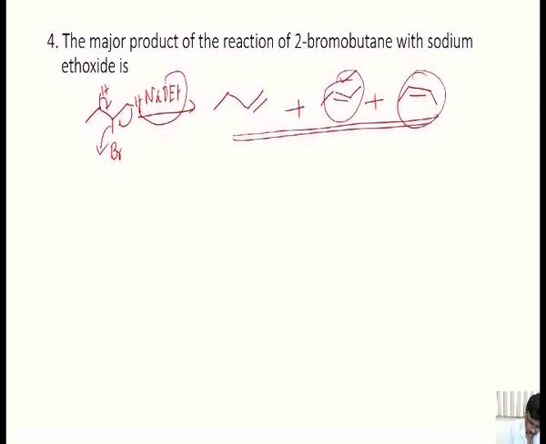So this compound will be produced more because of the stability of this alkene compared to this one.